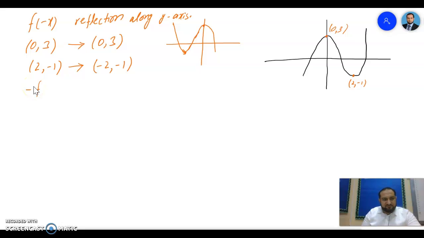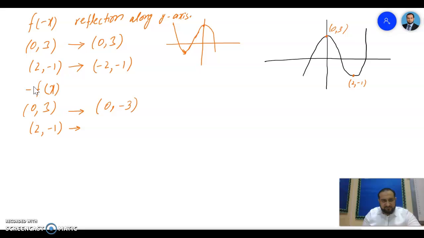Similarly, if we have a negative sign at the beginning, this will tell us we just have to change the y coordinate, because f of x is y in terms of function, so only the y coordinate has to change.